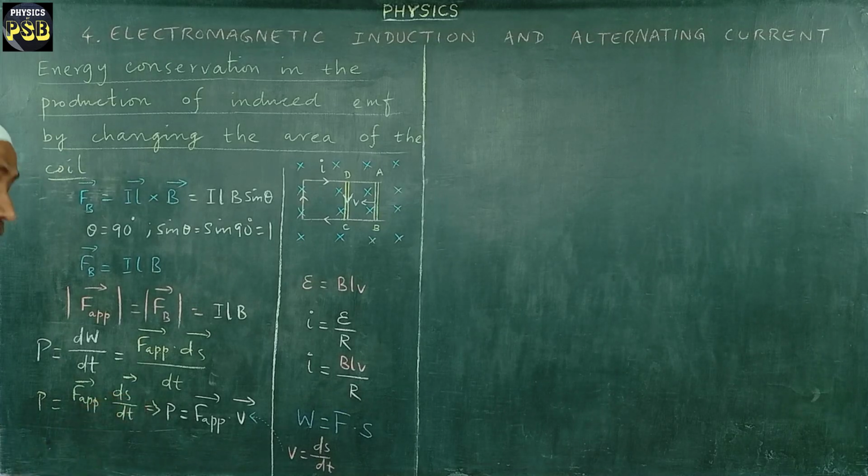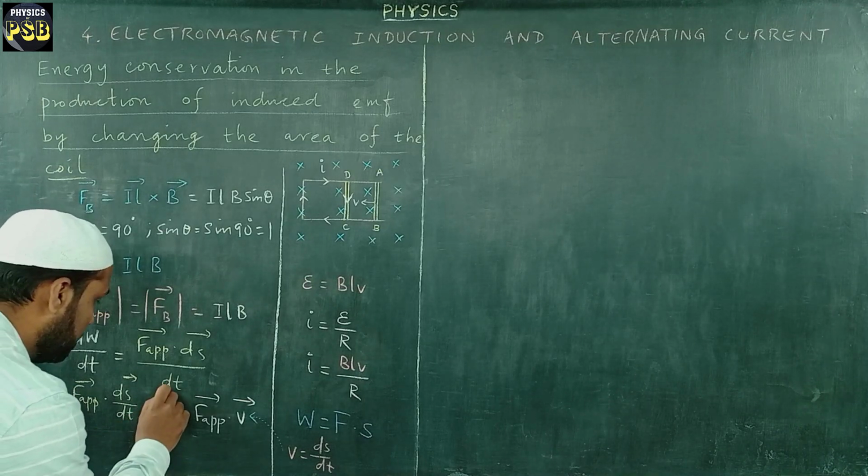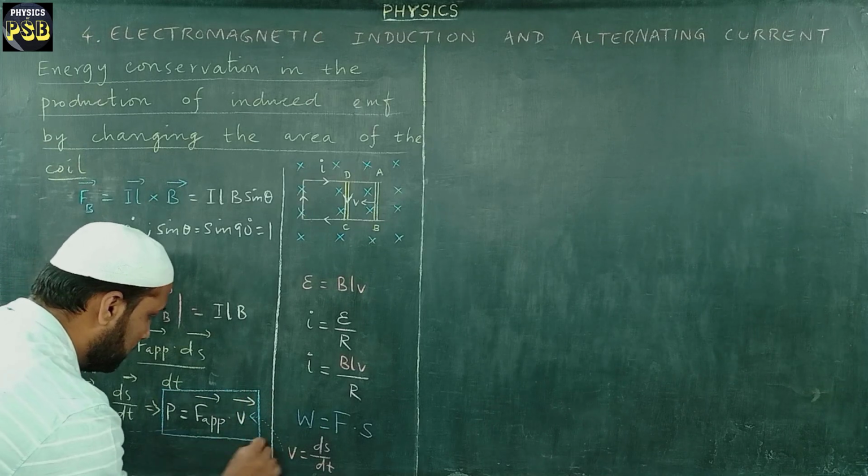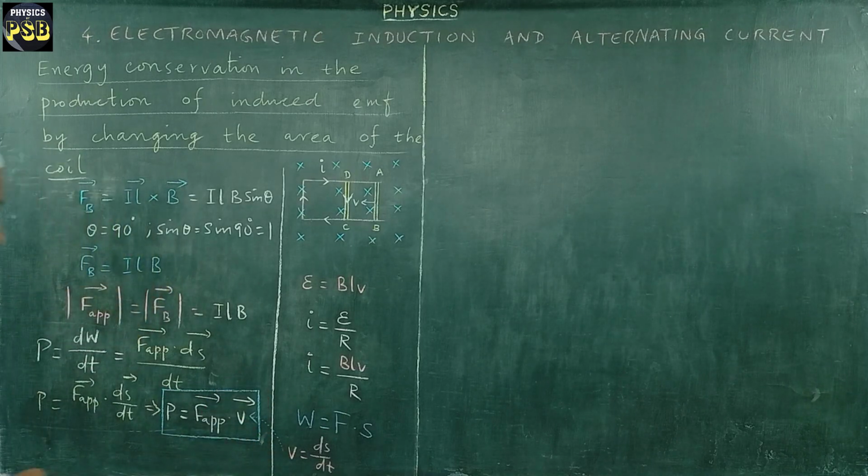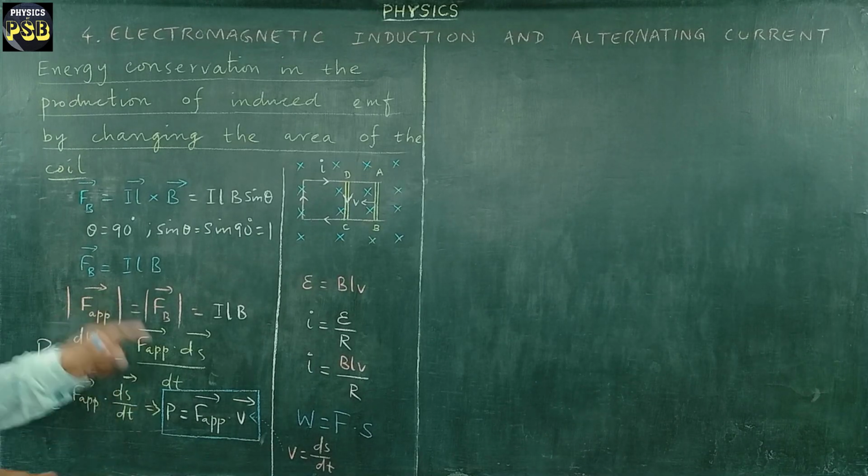Now we have obtained the expression for power, work done in a given time. I box this for better visibility. Now we know the value of applied force that I am going to use here.